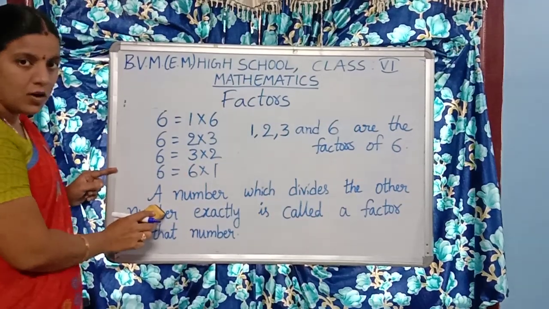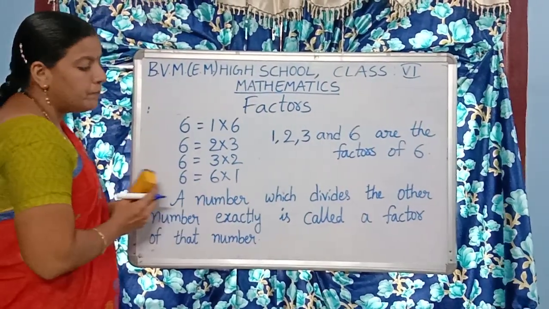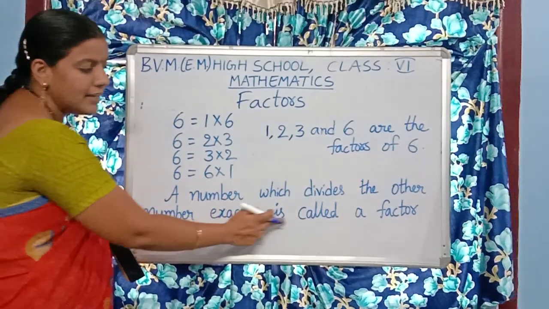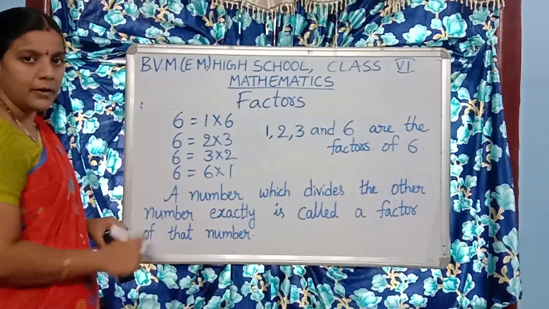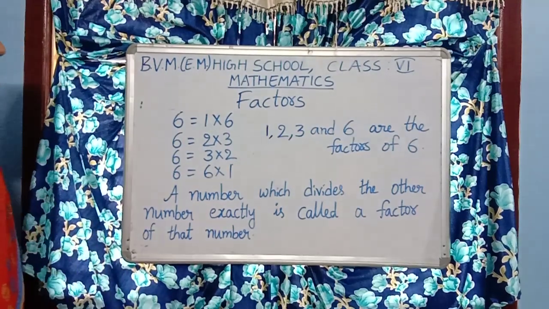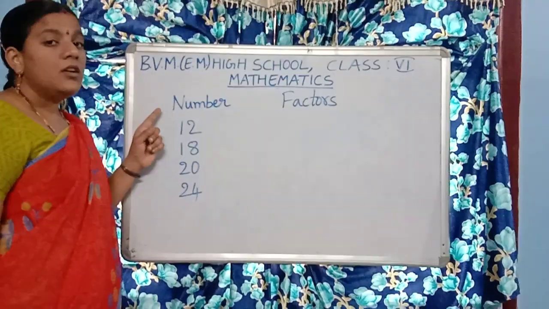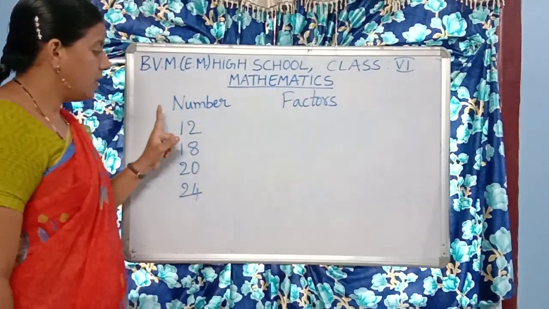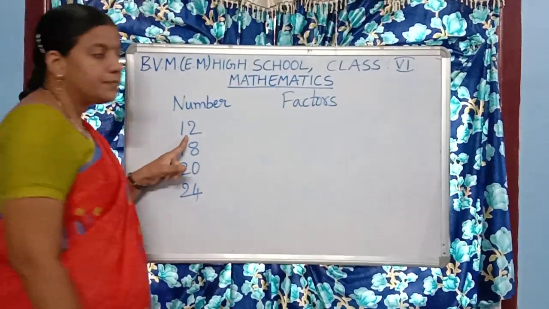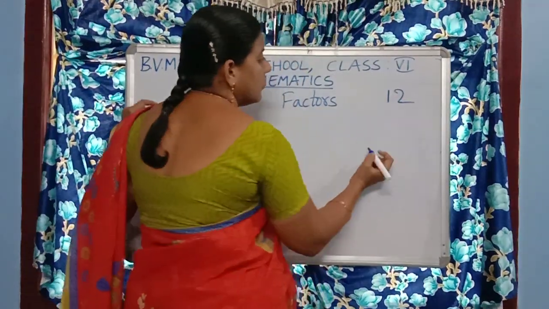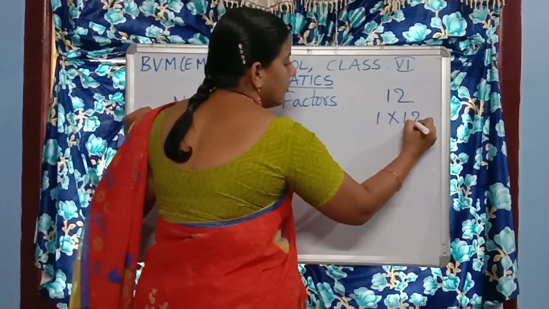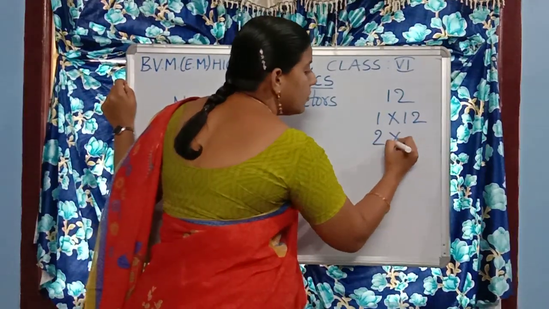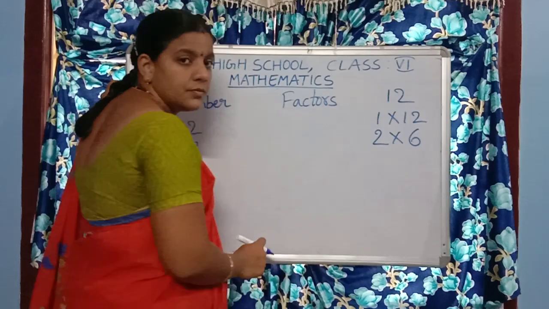A number, note down all of you, a number which divides the other number exactly is called a factor of that number. Note down. Look children, number, factors. Take 12. 1 into 12. 1 twelve is 12. Next, 2 sixes are 12.